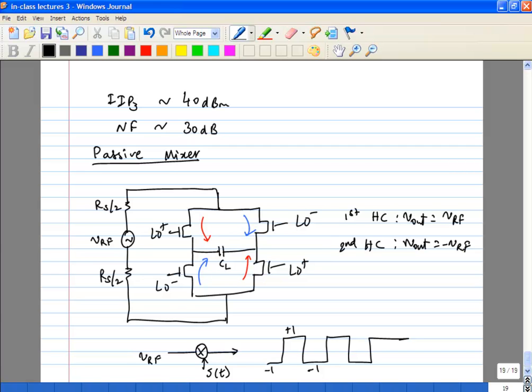So it's as if you're multiplying your RF with a signum function which is at the rate TLO. And we already know what the gain of this is. We've calculated the Fourier series of the signum function. The gain of the fundamental is 2 over pi. Remember that.